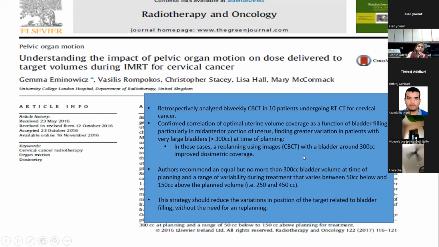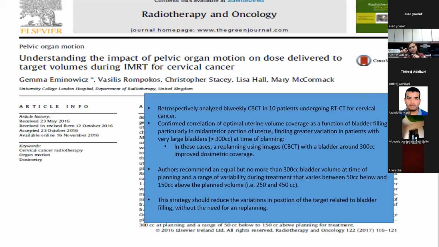This study was done on the CBCT of 10 patients undergoing chemoradiation therapy for cervical cancer, and they found a correlation of optimal uterine volume coverage as a function of bladder filling, particularly in the mid-anterior portion of the uterus. The findings were that greater variation was seen in those patients who had a large bladder at the time of planning.